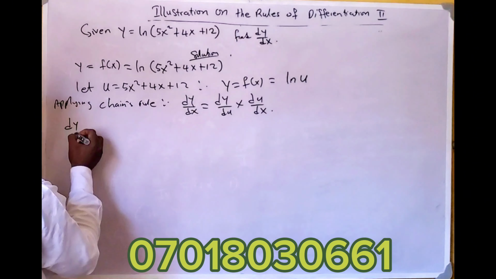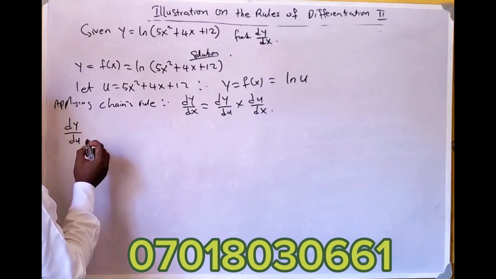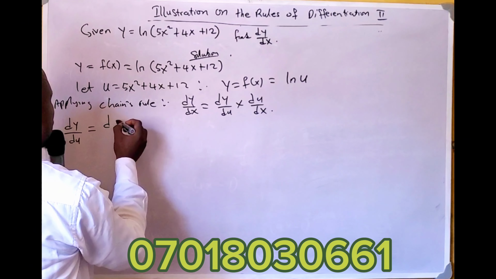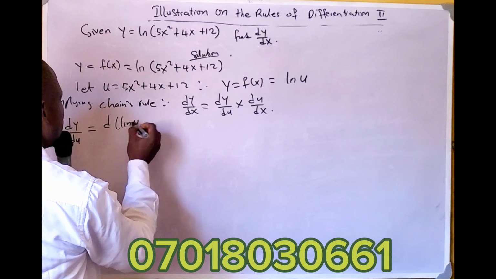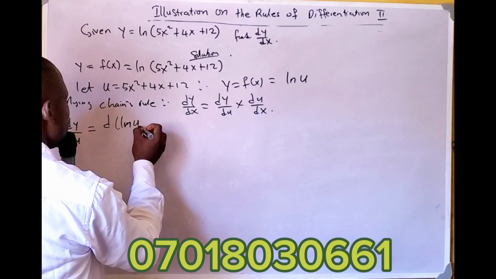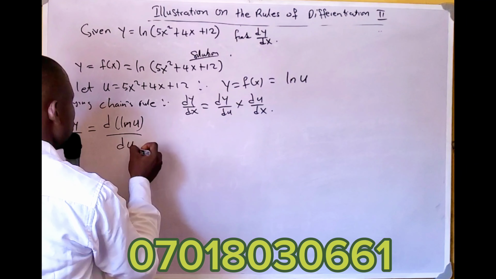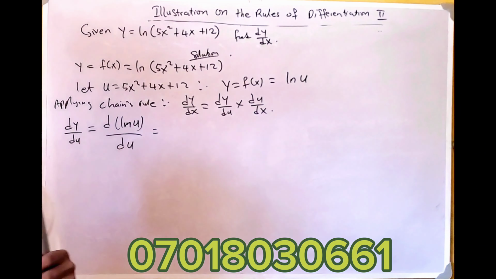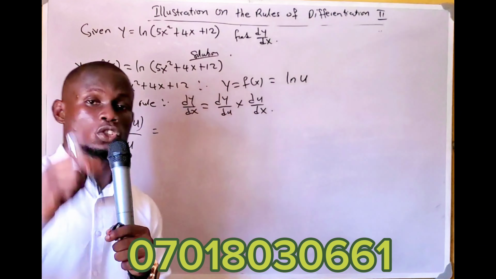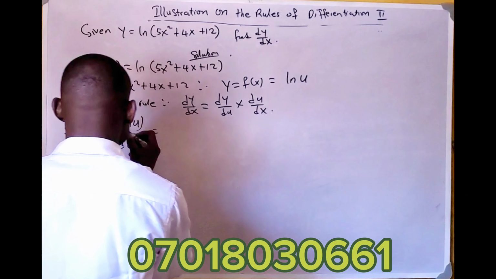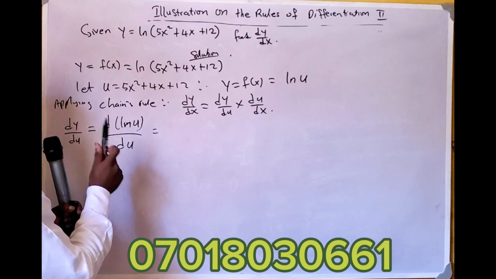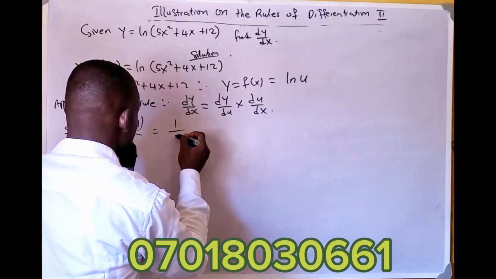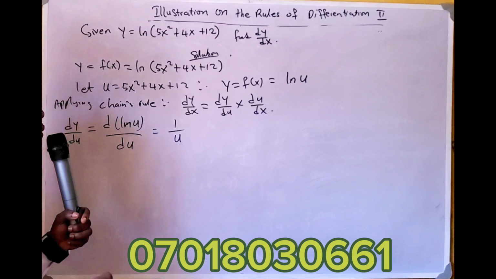Now from here, what will be our dy/du? Our dy/du will be the derivative of ln u with respect to u. Now this we apply our knowledge of the logarithmic function rule, which says the derivative of ln u with respect to u equals 1 over u.